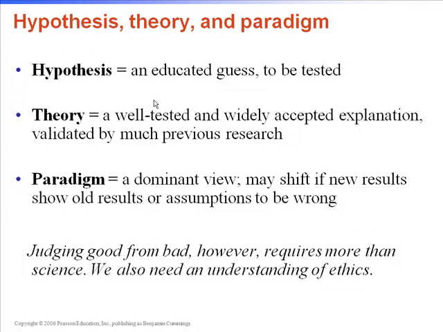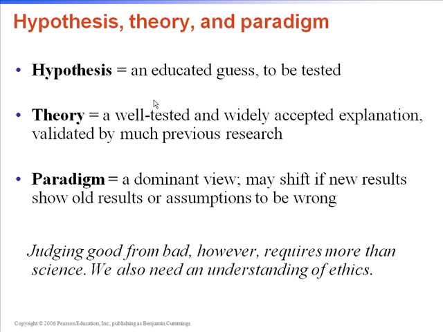When we're talking about science in this class, we'll often run into these terms: hypothesis, theory, and paradigm. And so I've defined those for you here. A hypothesis is that educated guess. I think this is going on, I'm going to make some predictions based on the hypothesis, and I'm going to test it.